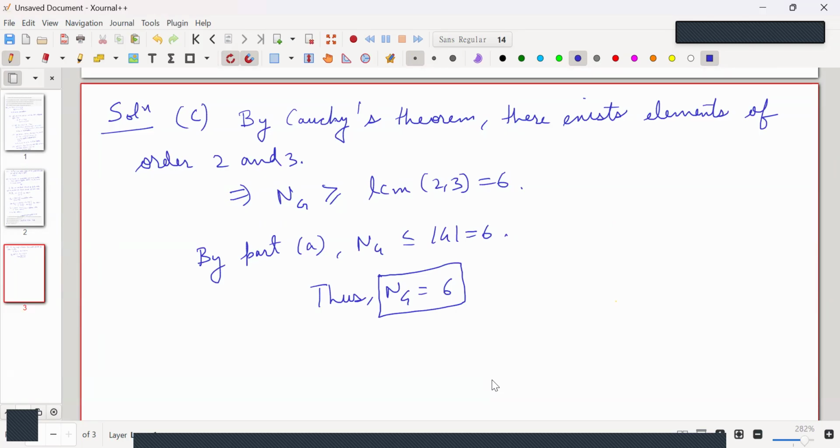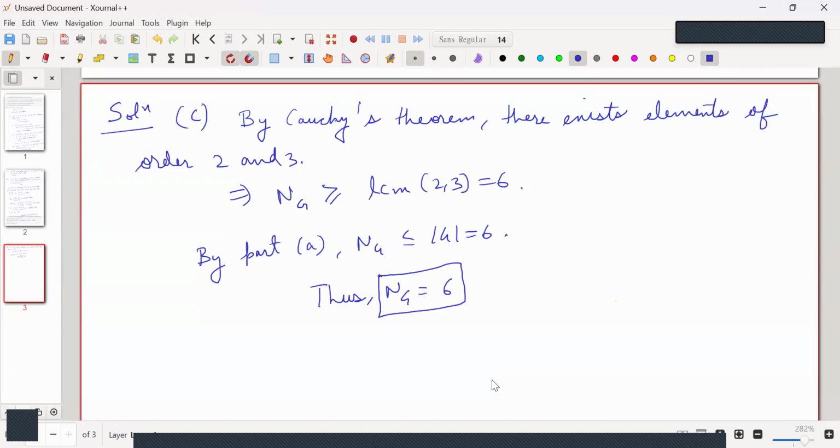Dihedral group of 6 elements? Have you heard about the dihedral groups? Yes, sir. So what about dihedral group of order 6? Isn't it similar to S3? I'm not sure. It is isomorphic to S3.